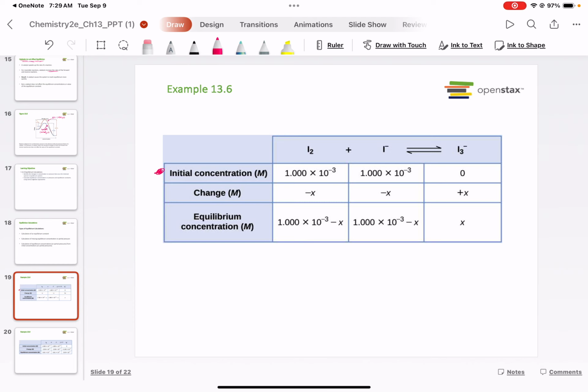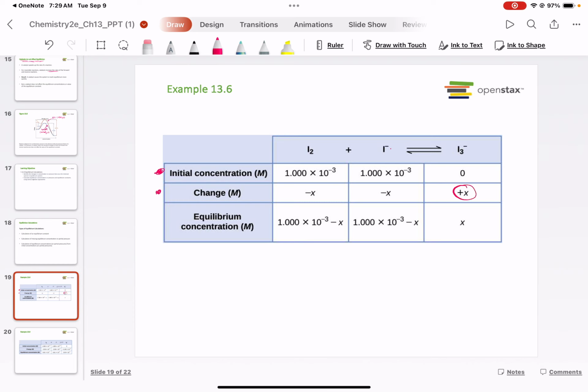Let's say the given is 1.0 times 10 to the minus 3 molarity. Then change means as soon as you add them together, something's going to happen. So let's say X amount of iodine reacts with X amount of I minus, and on the left side it's always negative because reactants are consumed. On the right side, the product is always positive because products are formed.